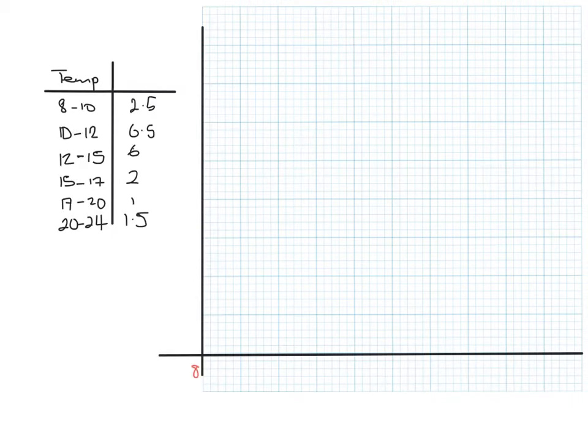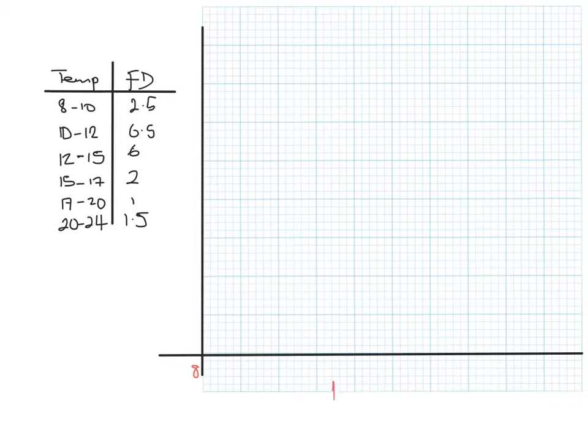All right, so I've got all my information over here, and as you can see, I have put the temperature here just as it was given to me in the original question, and up here I have got my frequency density. All right, so let's label the axes then.